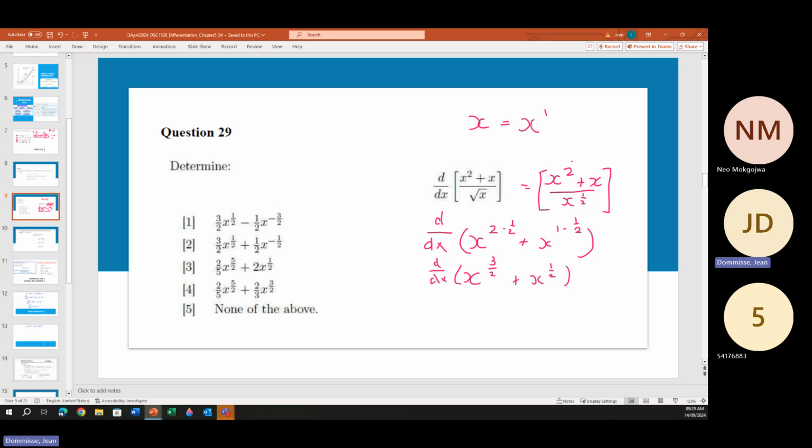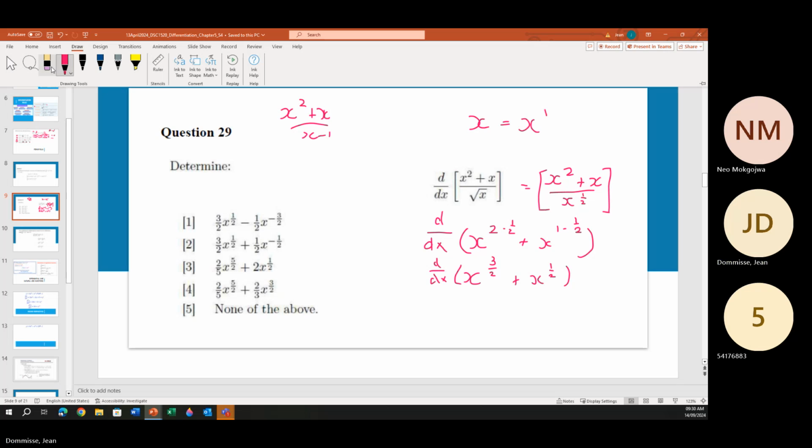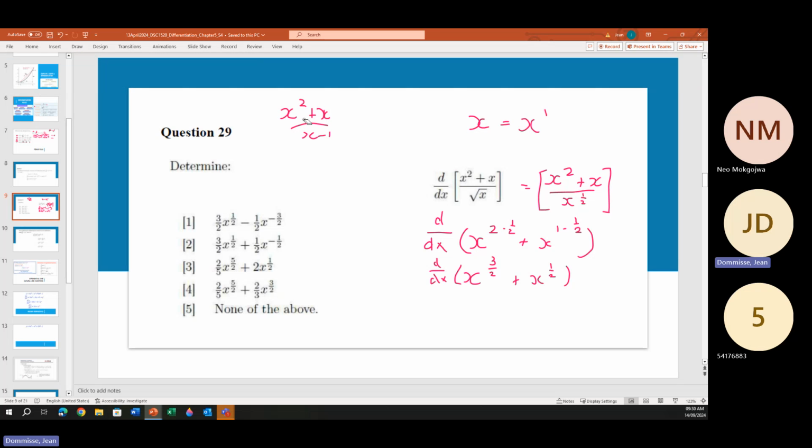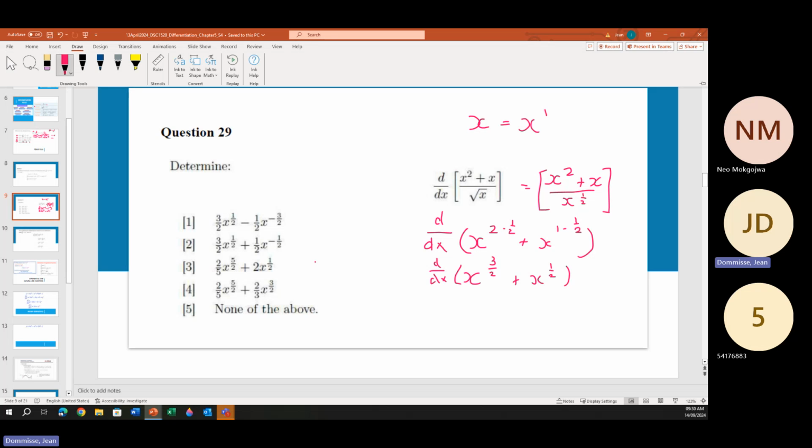If that was something like x squared plus x over x minus 1, then it would have been a different story. Then we can't just simplify. So depending on how that equation looks, you can first look at it to see if we can simplify.